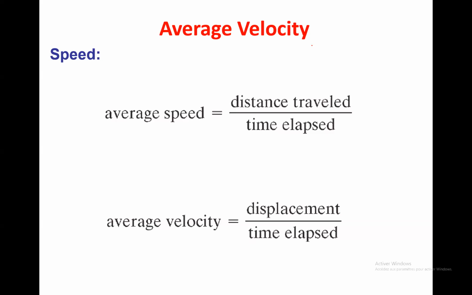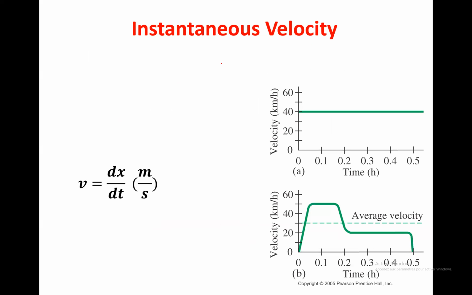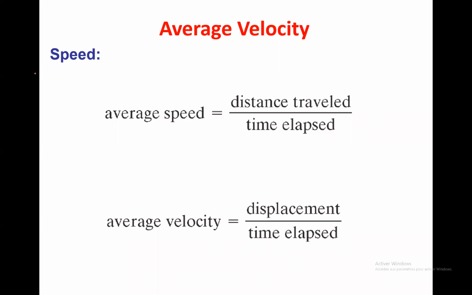Now I want to calculate the velocity at a point. The average velocity, I mean I calculate in general the velocity between two points. For example, in the last one here, when I talk about the average velocity, it means I want to move from the point A to the point B. Here, the object moves like this.